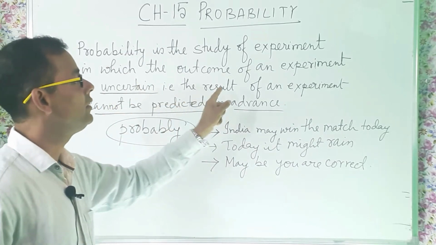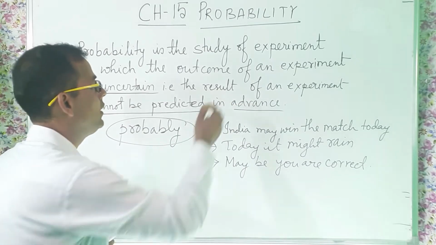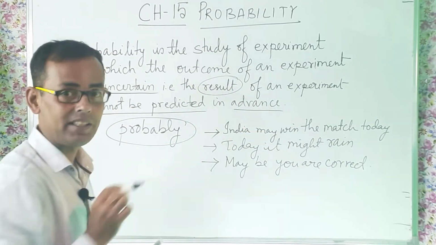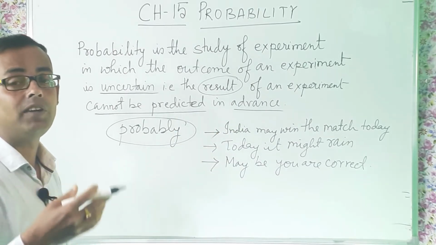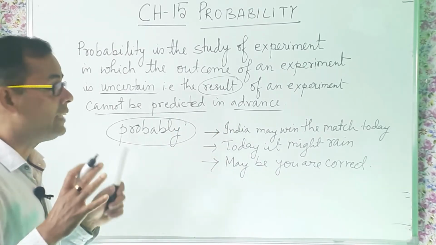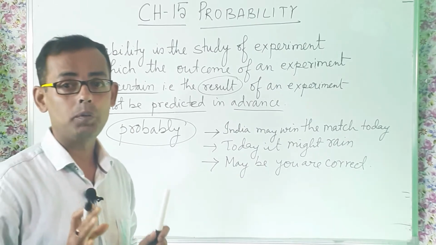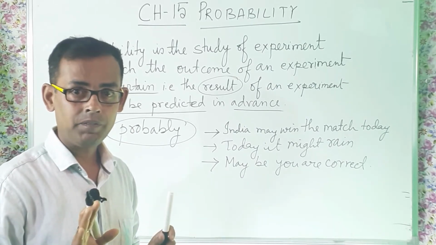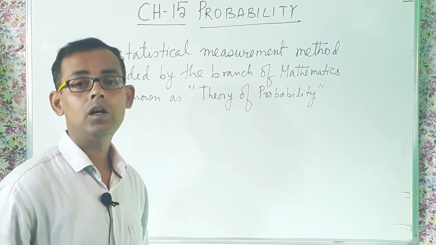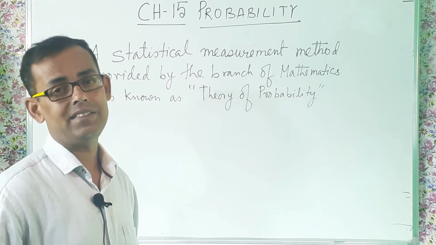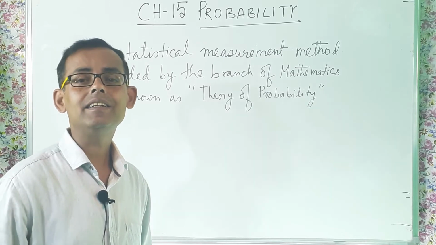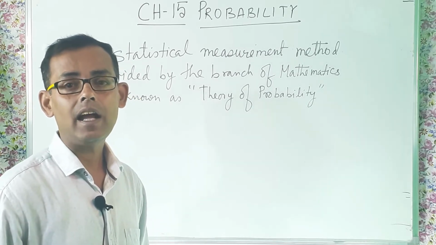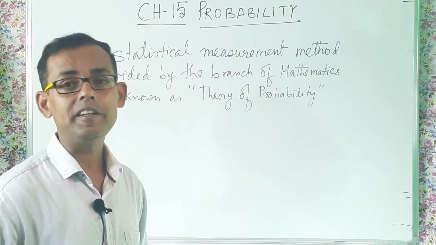And the result of that match, of that experiment, cannot be predicted in advance. In advance you cannot predict it, and that is known as probability. Clear? Now, all these examples suggest that there is uncertainty about the happening of an event.